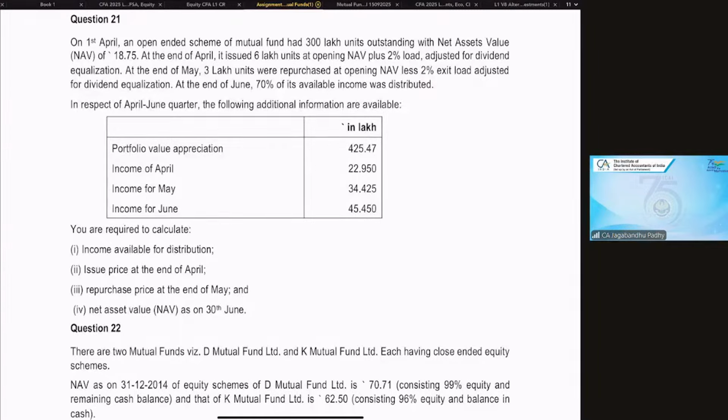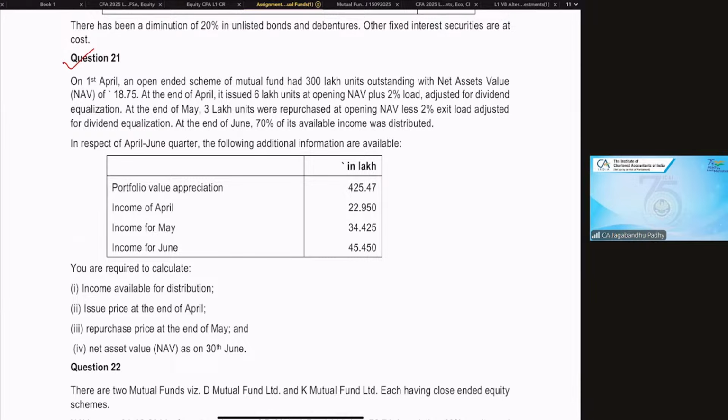Okay, so let's take up this question, guys. Question number 21. On 1st April, an open-ended scheme of a mutual fund had 300 lakh units outstanding with a NAV of 18.75. At the end of April, it issued 6 lakh units at opening NAV plus 2% load.